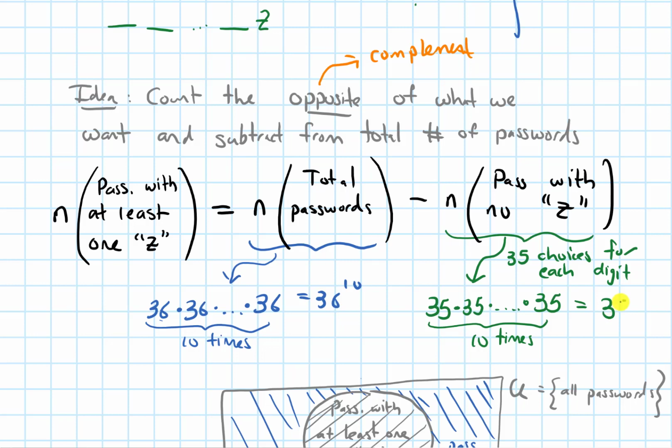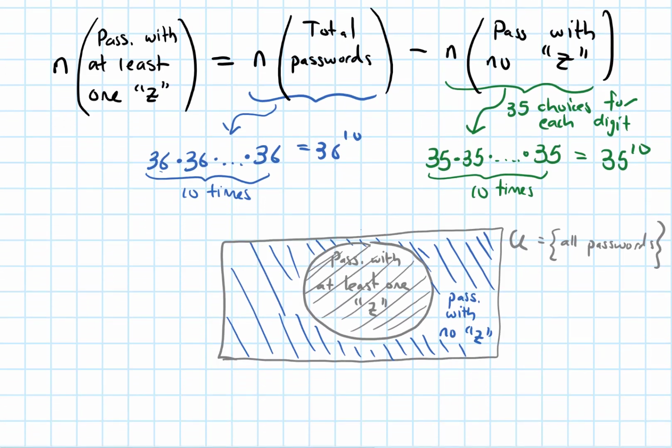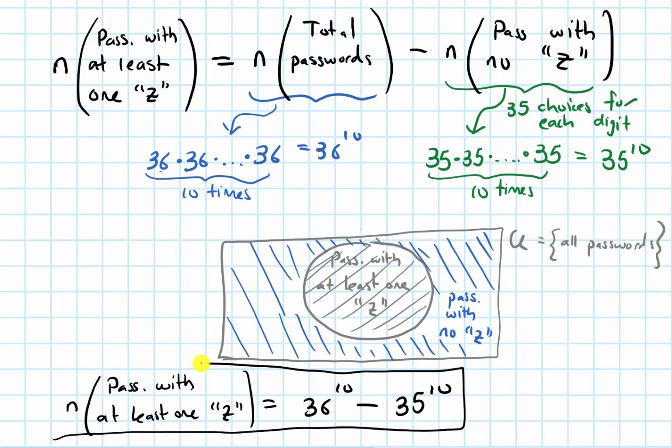So this gives us 35 to the 10. So overall, the number of passwords with at least one letter Z in them is equal to the number of total passwords, 36 to the 10, minus the number of passwords that don't have a Z at all, which is 35 to the 10. And that is our answer.